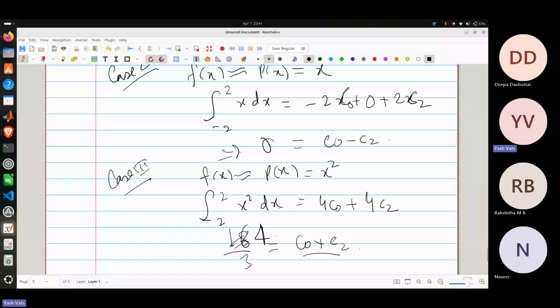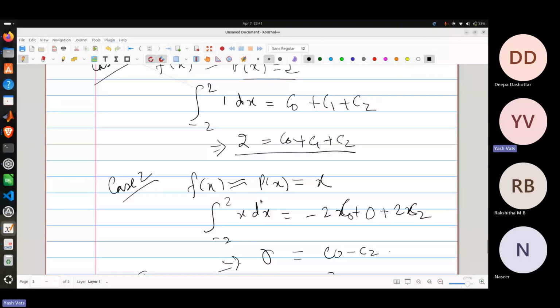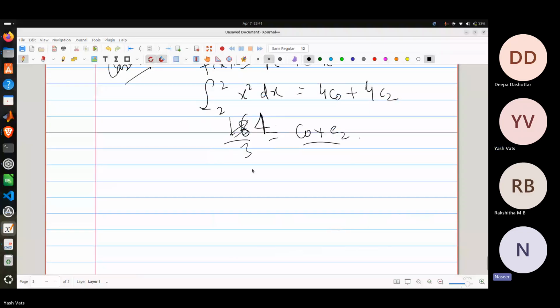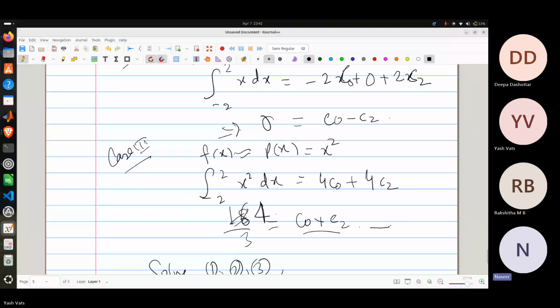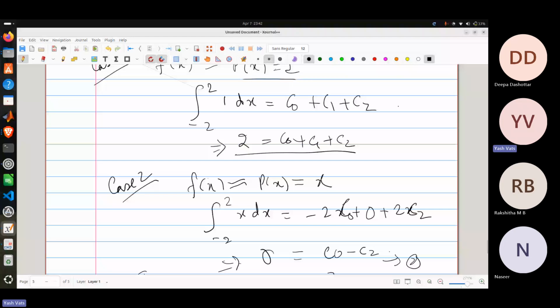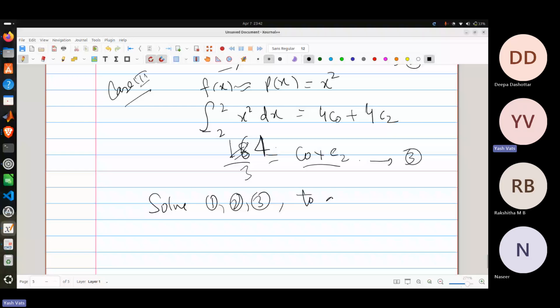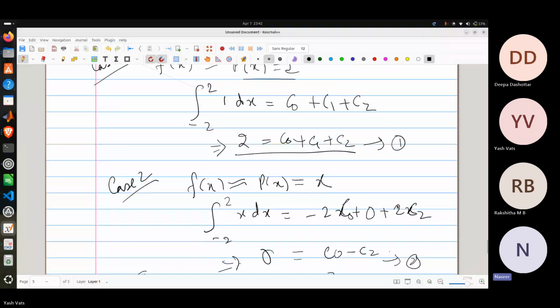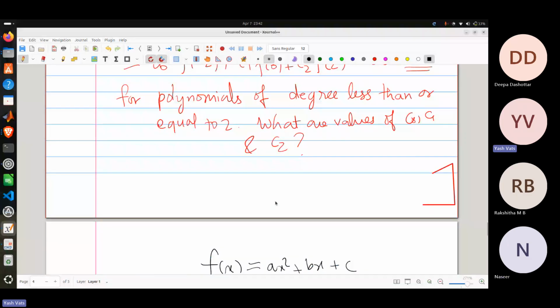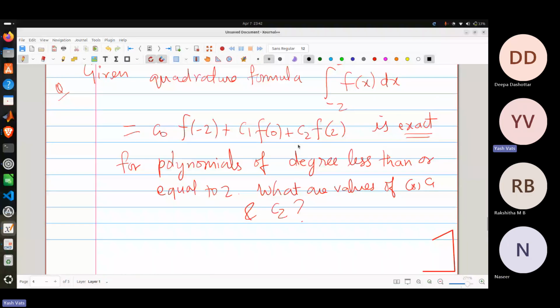So you have 3 equations now: 1, 2, and 3. You can solve them to get c0, c1, c2. Once you have c0, c1, c2, that's what you have to find. Okay, is this clear?